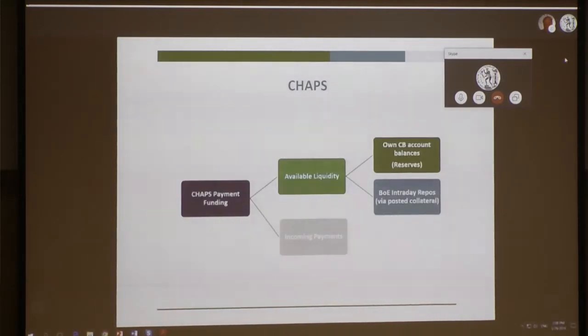As I just said, all payments in that system are made using central bank money. And to make a payment using central bank money, you have two options if you are a bank in that system.